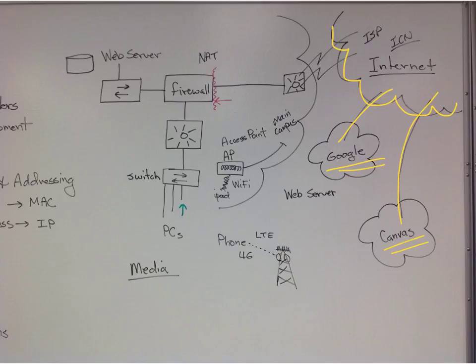And I draw just one cloud, but these connections are all over the world. We have an Internet Service Provider, which is the Iowa Communications Network, which NIAC uses. And so we have a connection coming in that all the wired communications go on, and then a connection where all the wireless communications go.